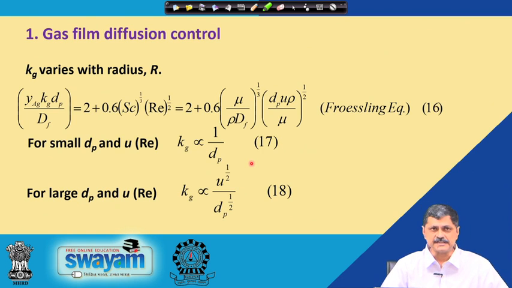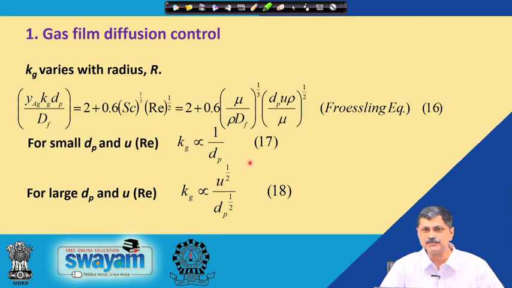We take up the first case, that is gas film diffusion resistance control. Now, the derivation is absolutely similar to what we did in the shrinking core model, but in that case k_g is a function of R, and R was constant. So, k_g was constant, but now the particle radius R is varying; it is reducing.